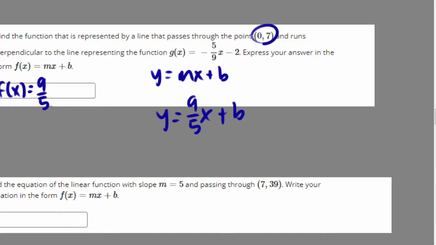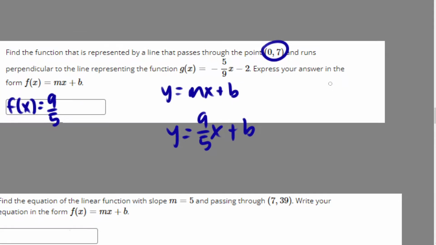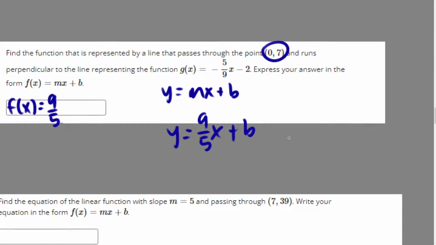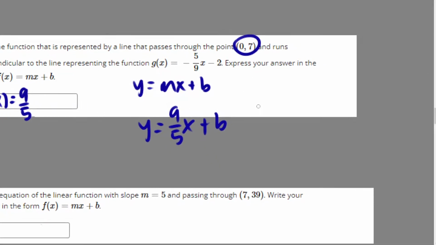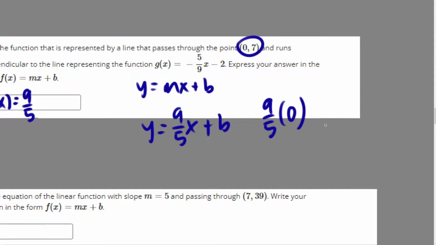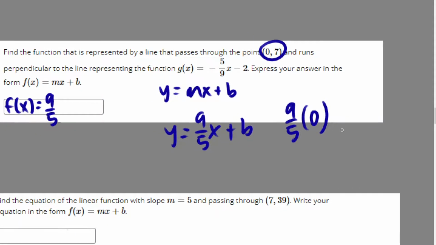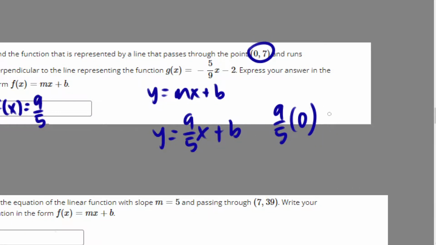And we have a point. We don't know if our y-intercept is the same as it is in this equation. In fact, it cannot be, especially if it's perpendicular. So what we need to do is plug in 0 for x, so 9 over 5 times 0, and then plus b equals 7.